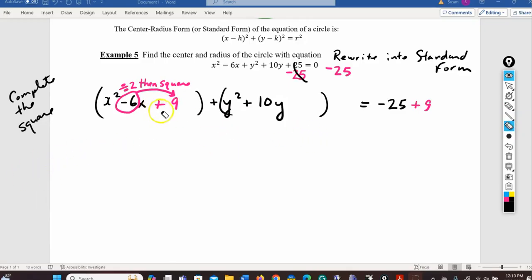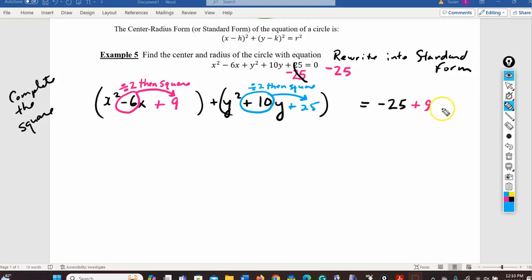Because I added 9 to this side of the equation, I have to add 9 to the other side to still have equality. Now I'm going to do the same thing here. I get my coefficient for y, which is positive 10, I divide it by 2, and then I square it. Positive 10 divided by 2 is 5, and 5 squared is 25.